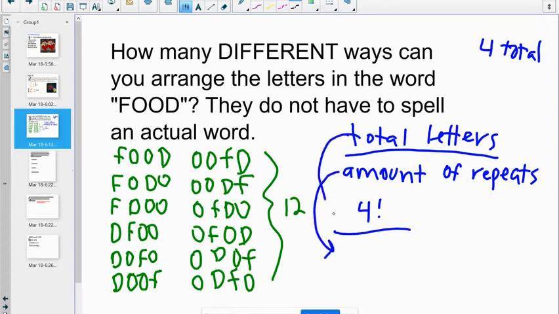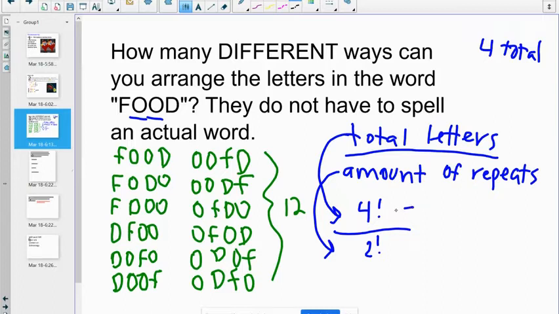I just draw arrows connecting them. We have one letter that repeats, but we have it twice. So we're just going to say 2 of the one letter, so 2 factorial, because there's 2 of it. If there was 3, let's say it was F-O-O-O-D, with 3 O's, then it would be 3 factorial on the bottom.